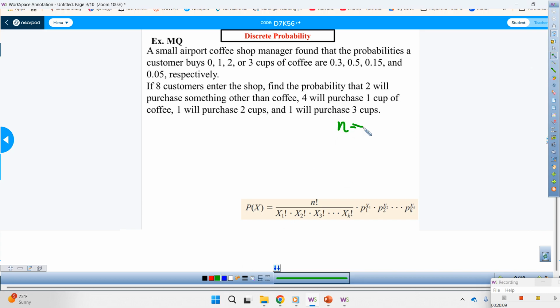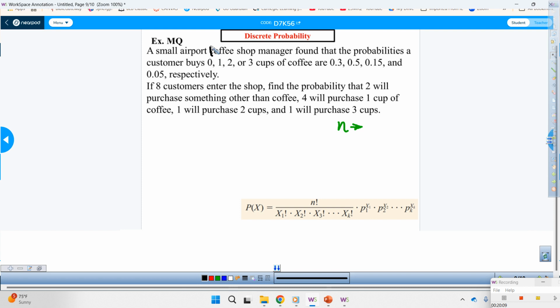Let me read it out loud so that you guys can get it started. It says, small airport coffee shop manager found that the probabilities of a customer that buys 0, 1, 2, or 3 cups of coffee are 0.3, 0.5, 0.15, and 0.05 respectively. What does that mean, respectively? That in that order, the number of cups mentioned corresponds to the percentages, which are in decimal form.